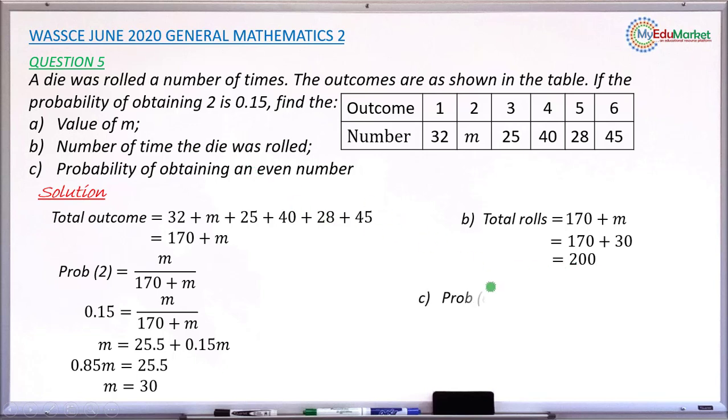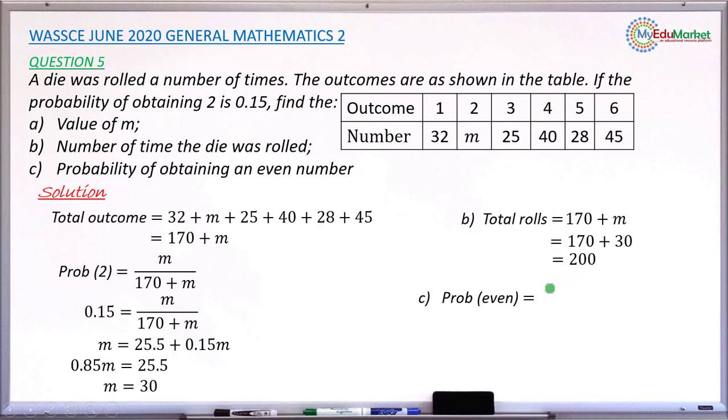Question C asks us to find the probability of obtaining an even number. The even numbers as our outcome could be either 2 or 4 or 6. These are the even numbers from your die. These are the only even numbers you can have as outcome by rolling a die. So what you do is, the sum of the frequencies of obtaining those even numbers from this table will be your required outcome, and your total possible outcome is 200.